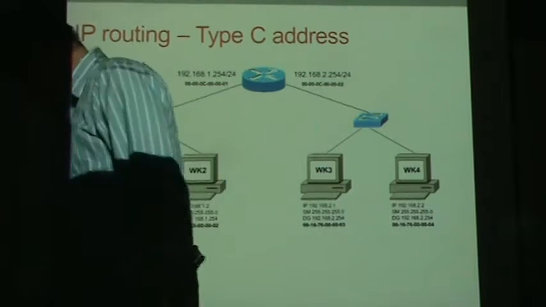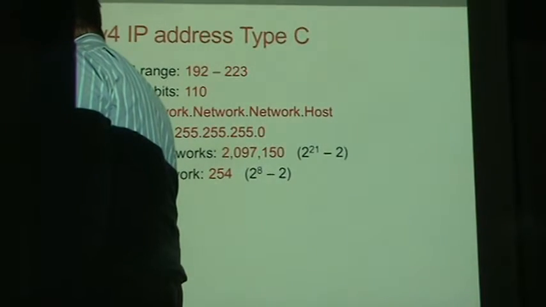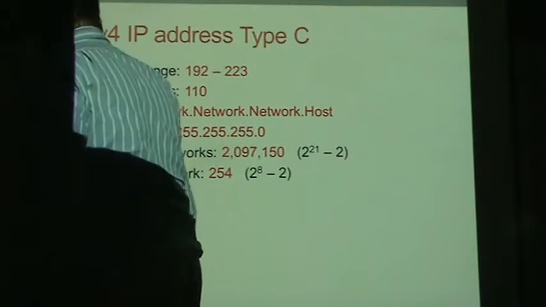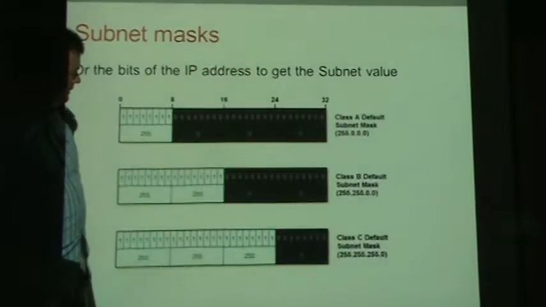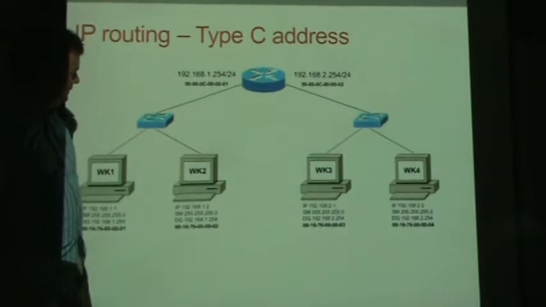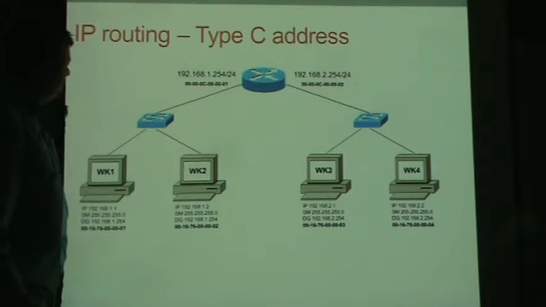It's class B. Is that right? Let's see. So no, 192 to 223 would be type C. Okay, so it's a type C.